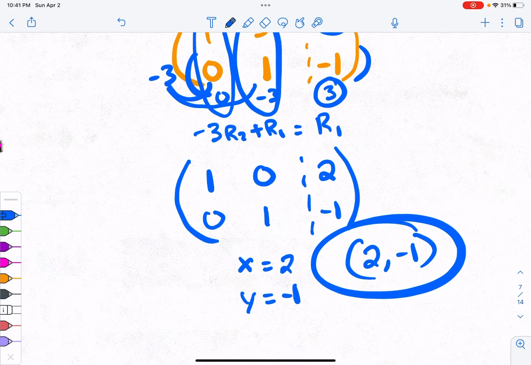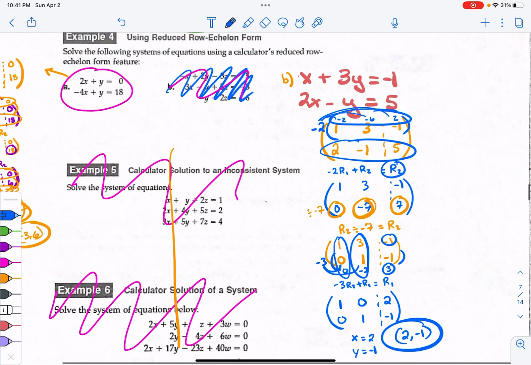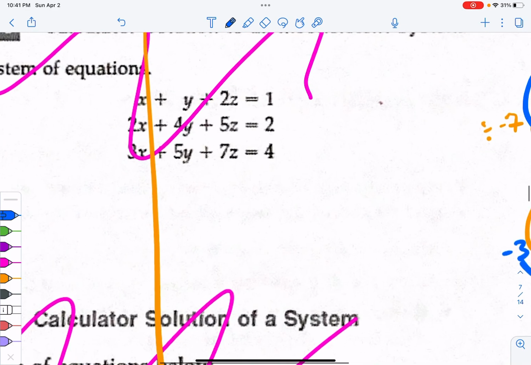Okay, so that was really kind of fast, but that's just more reduced row echelon. Basically, it's just elimination without the x's and y's, and then you put them back in at the end. The more you do this, I'm used to doing this. I had to do 3 by 3s like crazy when I was in college.